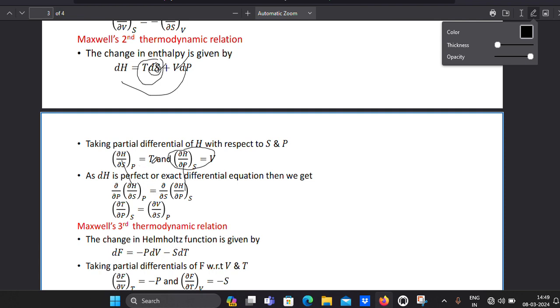Now in this place write this value, then you get dou T by dou P, and in this equation write V, then it becomes dou V by dou S. And how do we write P and S? Here for P you have to write the opposite term, right? So you write the constants like this.